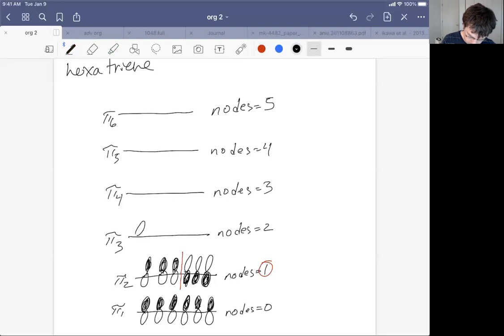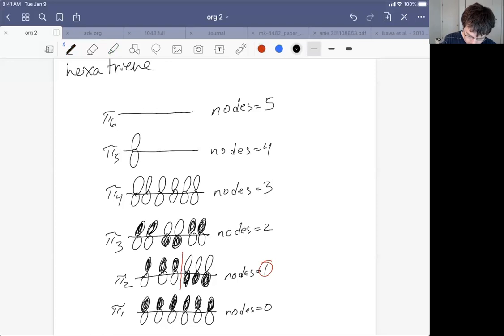Now for 2 nodes, I'm going to split this up into thirds. That's only 5 orbitals in this one.